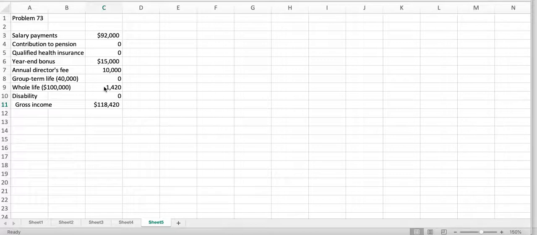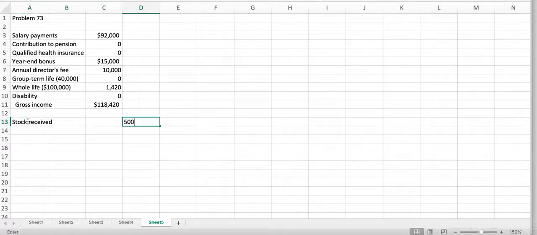And then in D, let's see, it says, assume that in lieu of year-end bonus, Ajax transferred 500 shares of Bell stock to Charlie as compensation. So is this compensation? Yes, it is compensation. Further assume that the stock was listed at $35 per share, and Charlie would then sell the shares by year-end, at which time he expected the price to be $37. So $35 is his basis, $37 is his sales price, and what does that do to his gross income? So he would actually show the 500 shares, stock received.